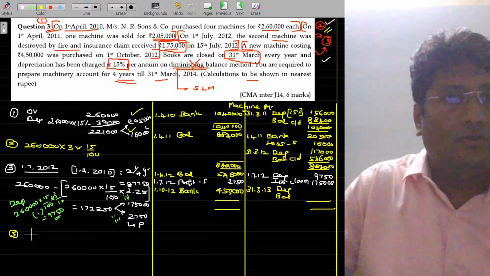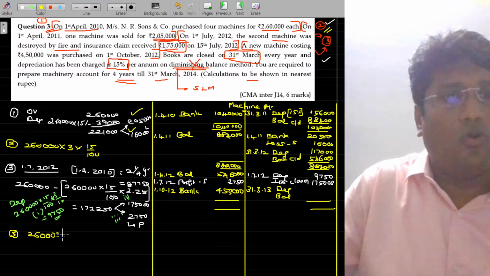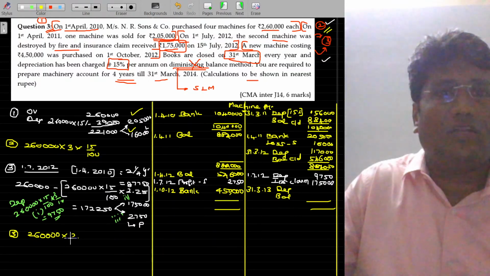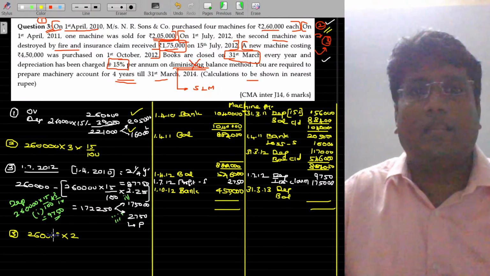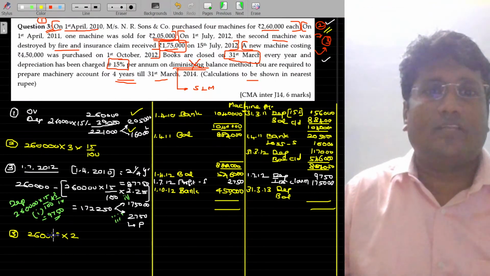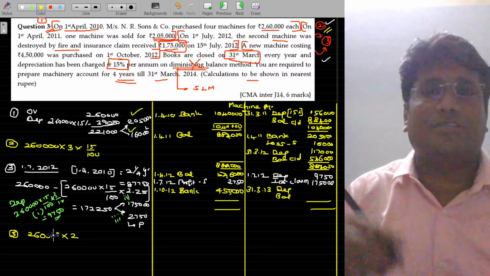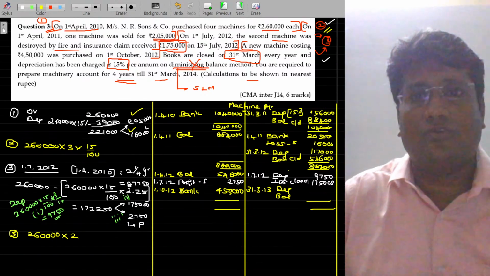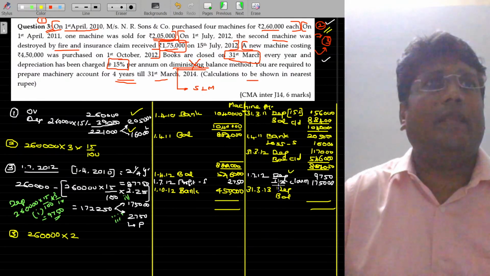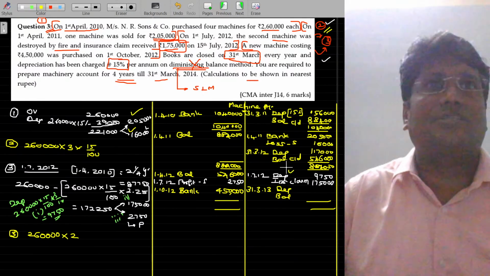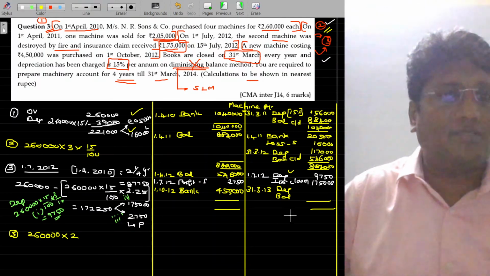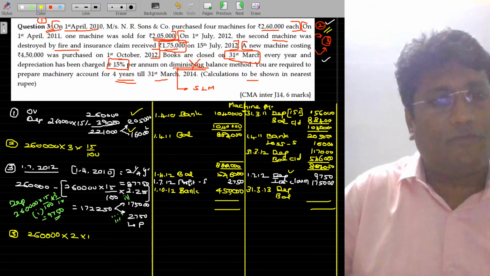We have 2,60,000 rupees worth of assets, 2 in total, because one asset was sold in 11 and 12, and another asset was sold in 12 and 13, the current year. In the current year, we have already created the depreciation up to the date of sale, which is 9,750. By the year end, we have only 2 existing assets. For the 2 existing assets, we have to create the depreciation at the rate of 15%.